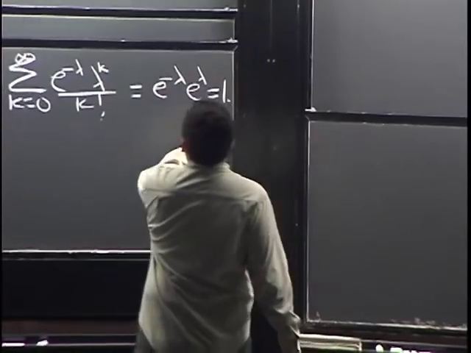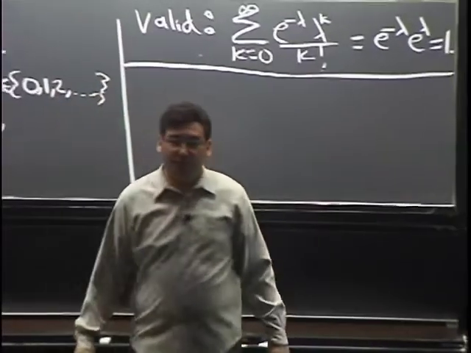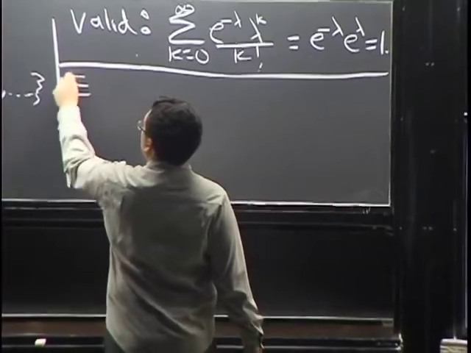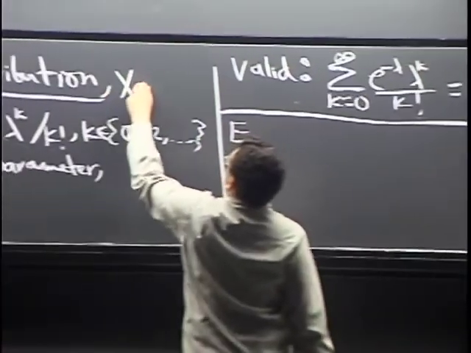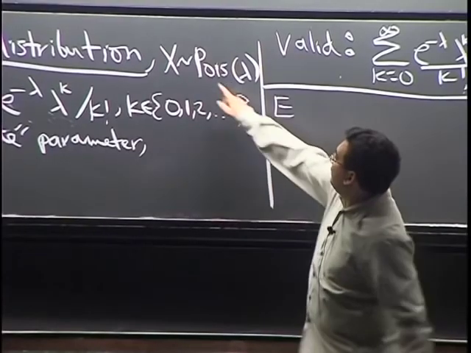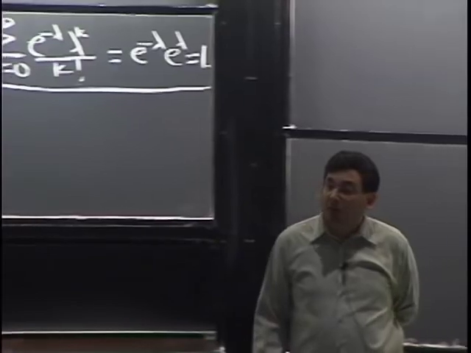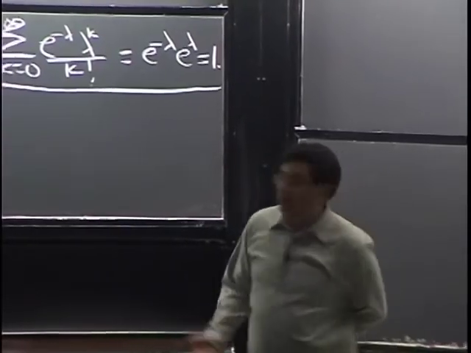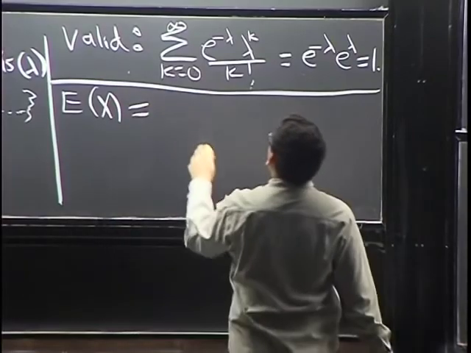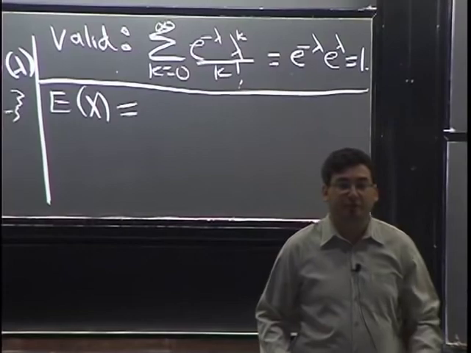And while we're doing a calculation like this, we may as well compute the expected value also. So let's find the mean, E of X. And as notation, we would write X is Poisson lambda, and we'll usually just abbreviate that to Pois. Okay, so let's find the expected value. Well, remember, the expected value is the sum of the value times the probability of the value, right?